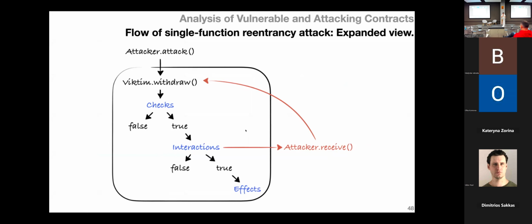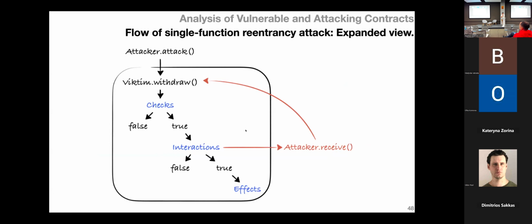Step 1. Initialize the reentrancy attack by requesting a withdrawal from the victim contract. Step 2, the function attacker attack initializes the reentrancy attack.